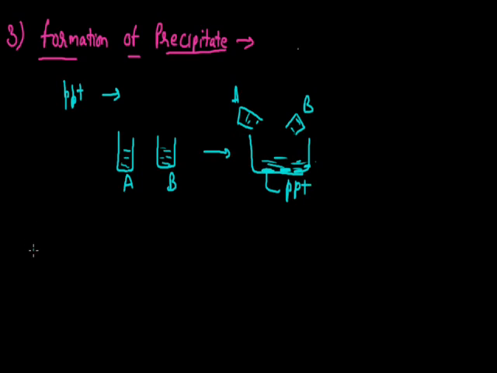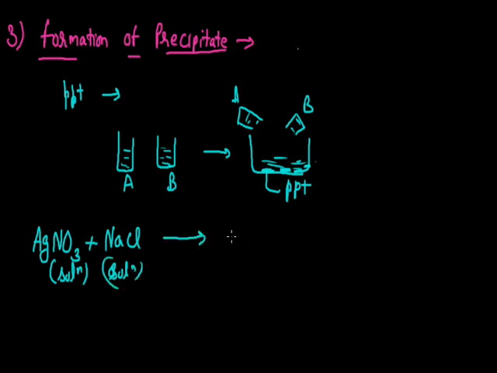Like if I talk about the reaction, or the mixing, of AgNO3, silver nitrate, with sodium chloride, that is NaCl. When we take the aqueous solution of these two and they react, sodium nitrate solution is formed, which is colorless, and with the formation of sodium nitrate, a white PPT of silver chloride is also formed.